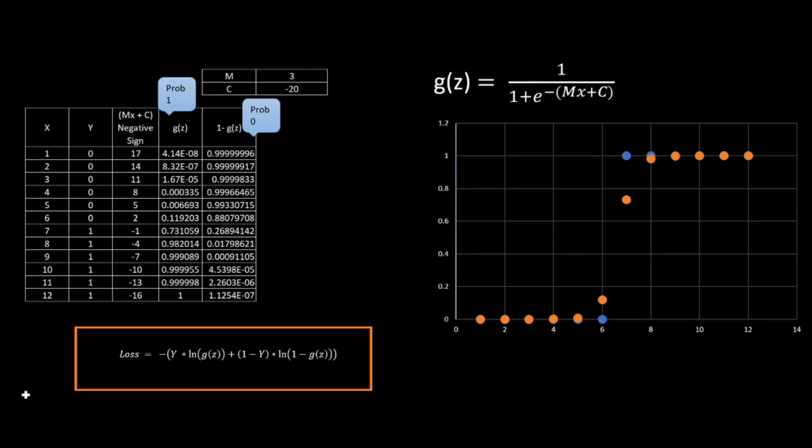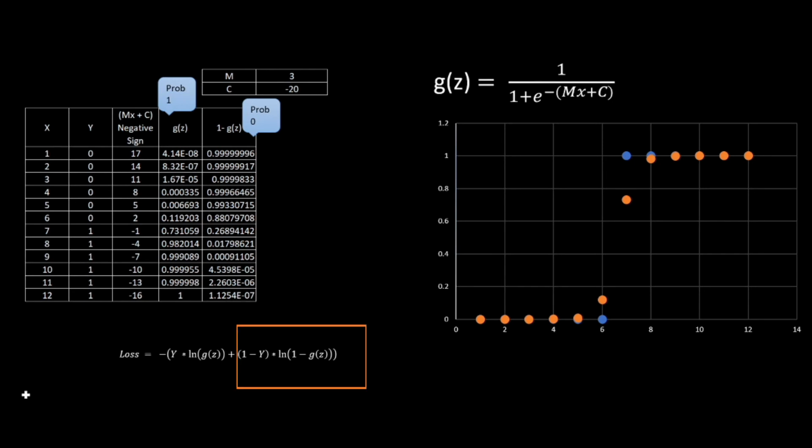Now, when your y is 0, the first part of the equation, where you are multiplying y with the probability, is going to become 0 because you are multiplying 0 with the probability. But in the next term you have 1 minus y, that is 1 minus 0, which equals 1, multiplied by the log of 1 minus gz. That is the probability of getting 0.